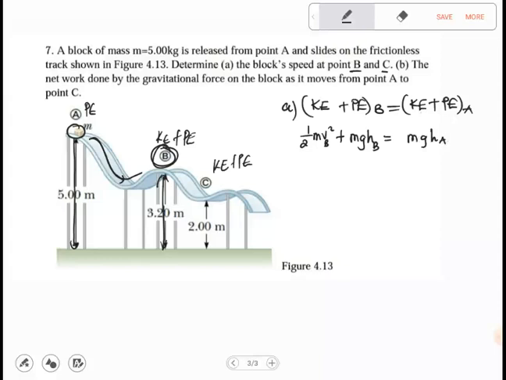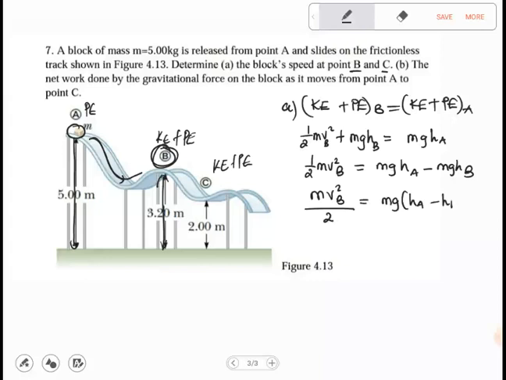Remember we are looking for the speed at B, so that's why v has remained here, and we're going to make v the subject of the formula. So (1/2)m v_B squared is equal to mgh at A minus mgh at B. Here mg is common, so we can take it out: mg times (h_A minus h_B).